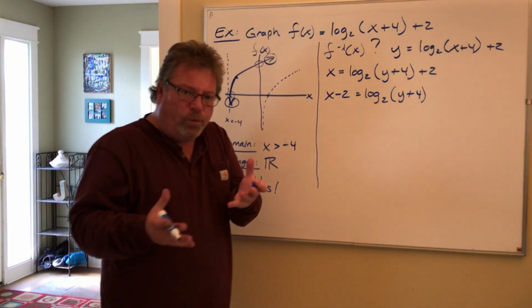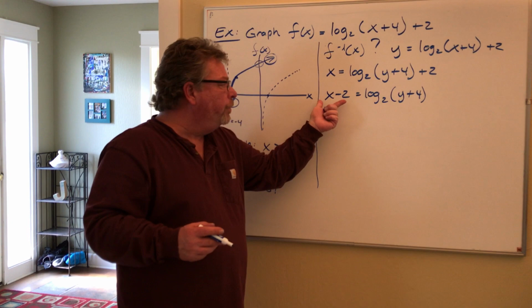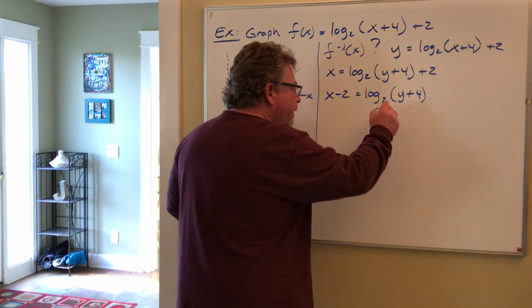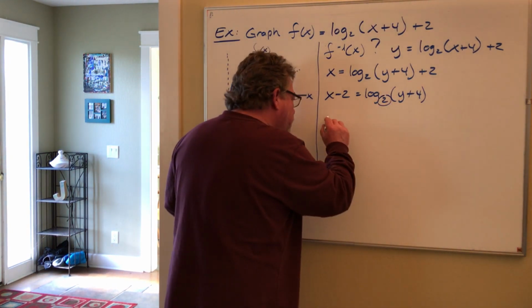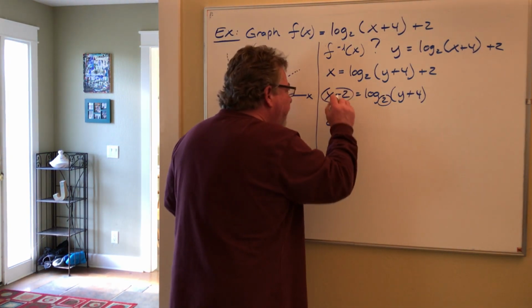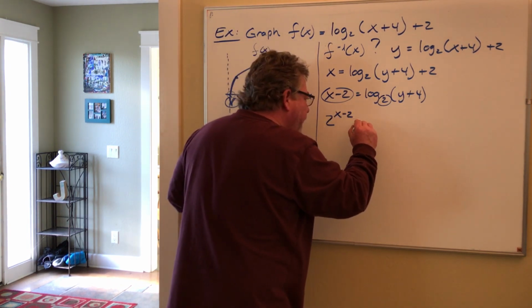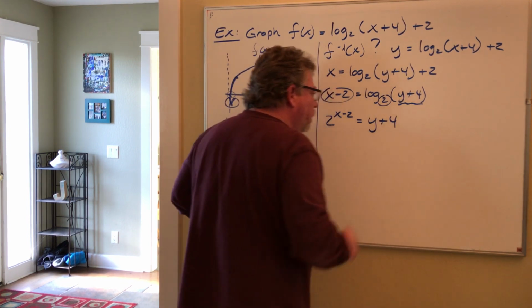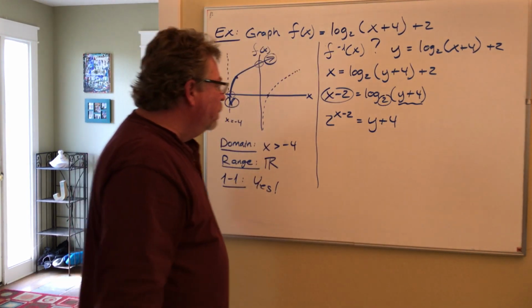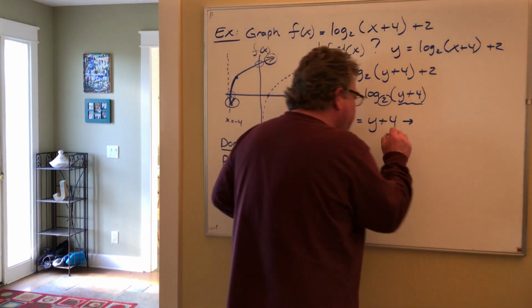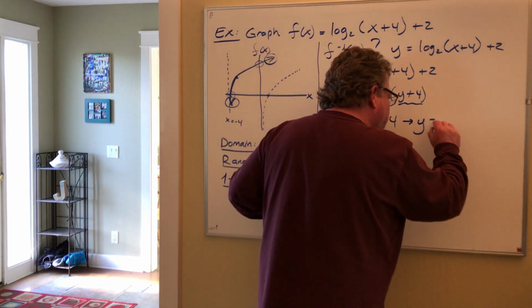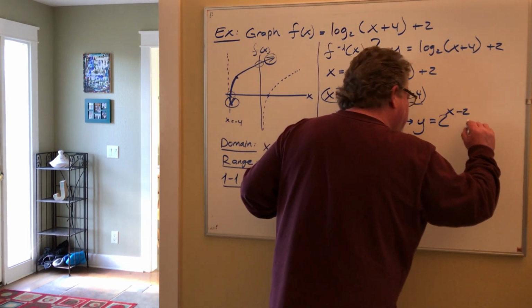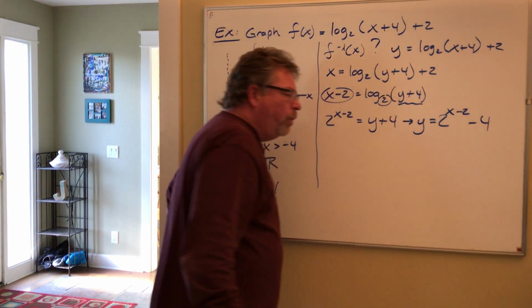And this is in that form where I have logarithm equals stuff or numbers, and so I can rewrite this and say if you take this base 2 and raise it to that power, you'll get this stuff, y plus 4. So subtracting 4 from both sides, we've got y is equal to 2 raised to the x minus 2 power, subtract 4.